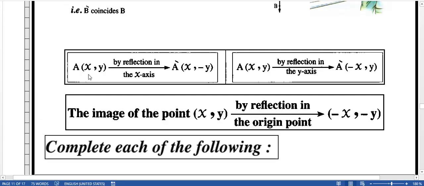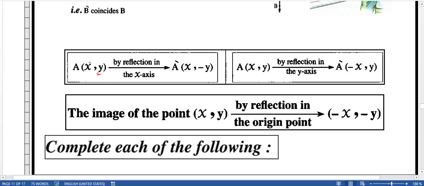If I have a point x and y, when we reflect it in the x-axis, its image will be x and negative y. What happened? Here, when we reflect A in the x-axis, we change the sign of the y coordinate.